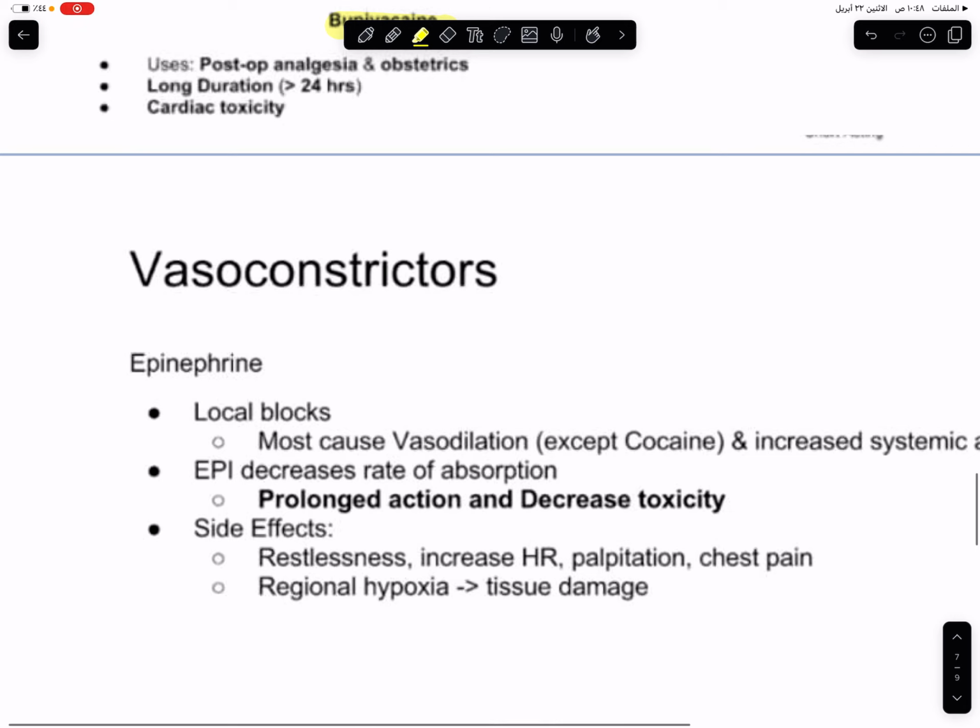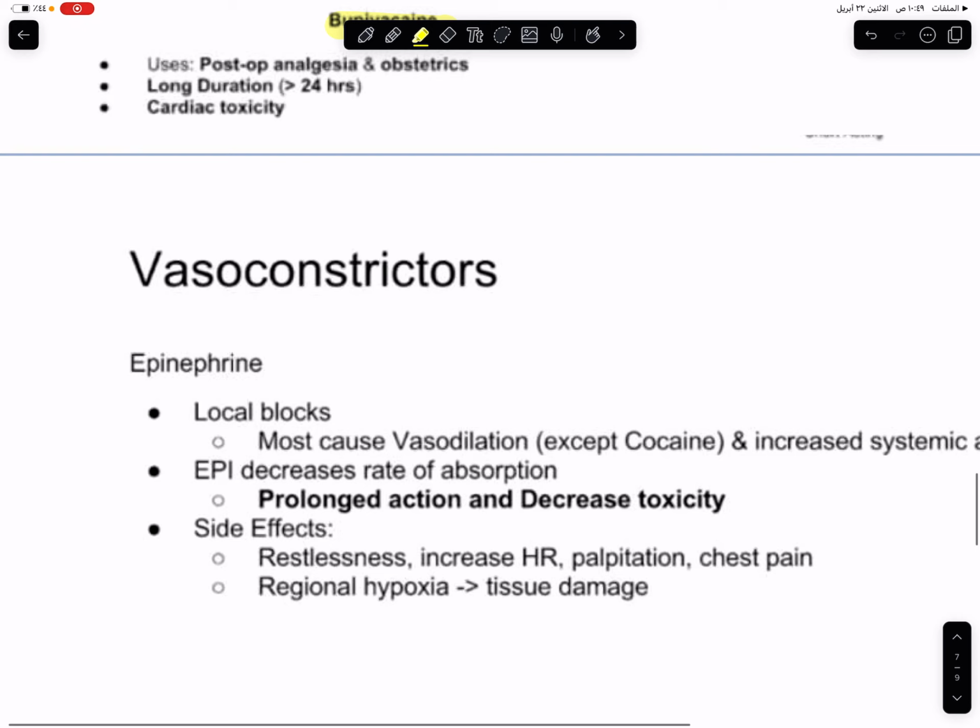But cocaine, and some say also prilocaine, cause vasoconstriction. But cocaine for sure causes vasoconstriction. But as we know, we cannot use cocaine in many patients. Vasodilation increases the systemic absorption. Epinephrine decreases the rate of absorption, and that is required because if the rate of absorption is increased, there is more chance for systemic toxicity, and it will also decrease the toxicity.